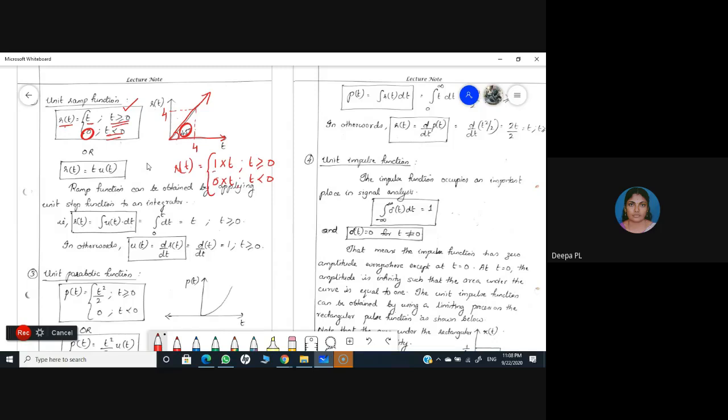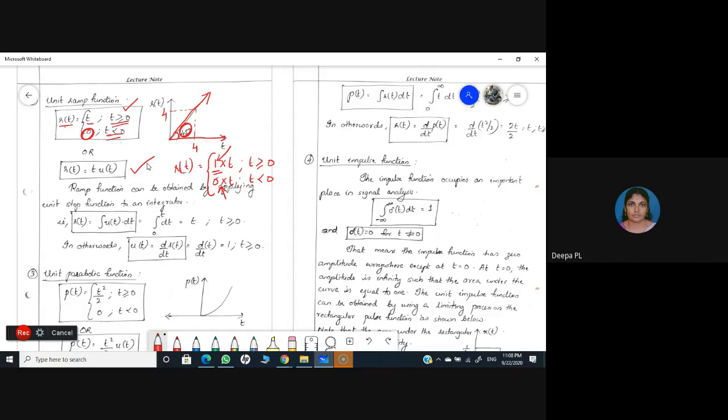The unit step signal is 1 for t greater than or equal to 0 and 0 for t less than 0. If I multiply that unit step signal with t, I get this r of t. That means r of t is equal to t into u of t. So the ramp function can be obtained by passing the unit step signal through an integrator.